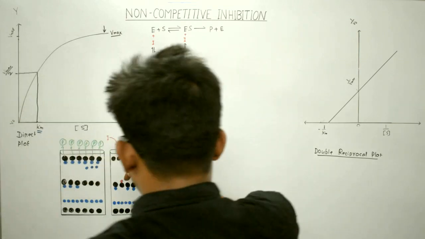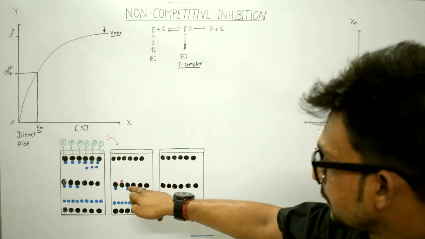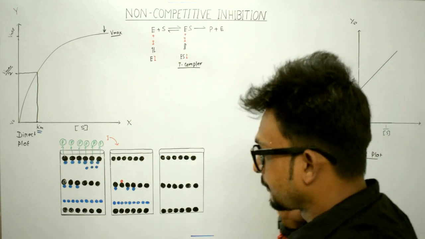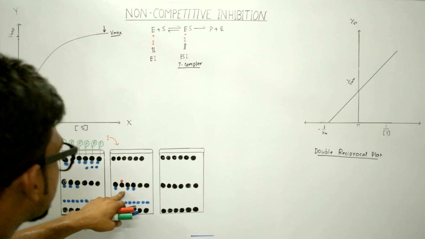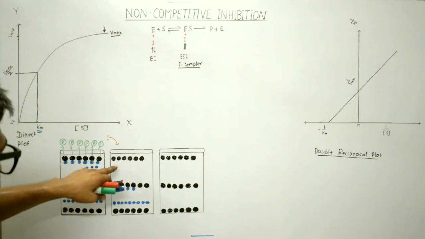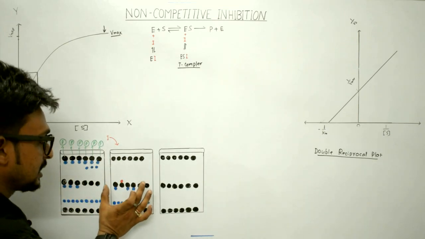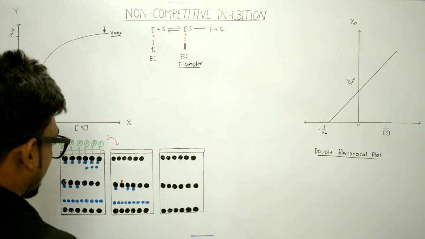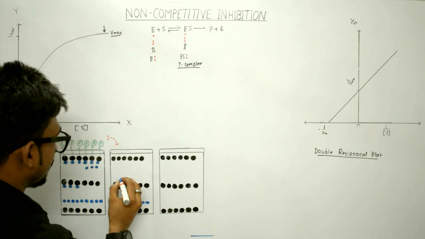Only one inhibitor is bound with the enzyme, so no enzyme substrate complex can be formed here. So this is one stage. In another stage, what will happen?